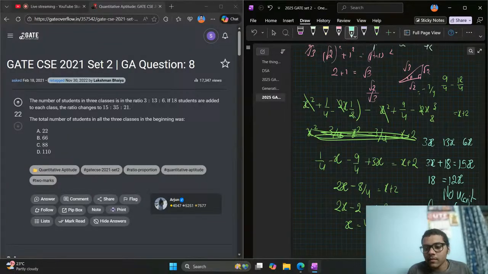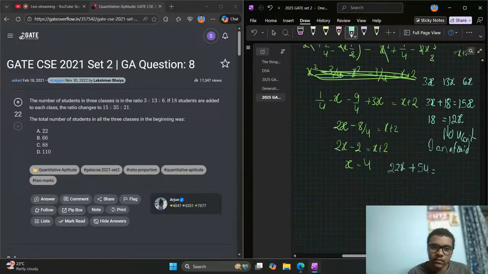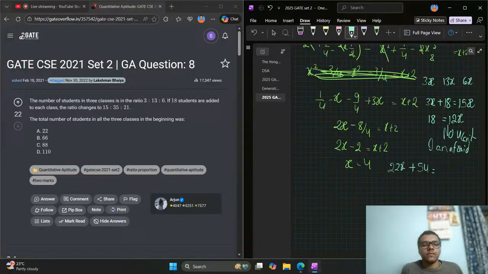Okay, so total number of students in the beginning is this is 19x, 22x plus 18, 3s are 54 is equal to 15 plus 20. Wait, you can do that? Equal to 18 by 12.